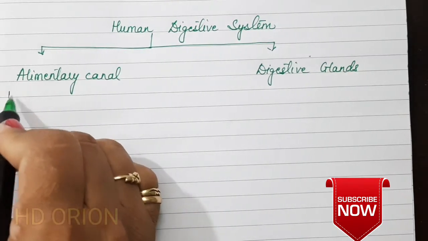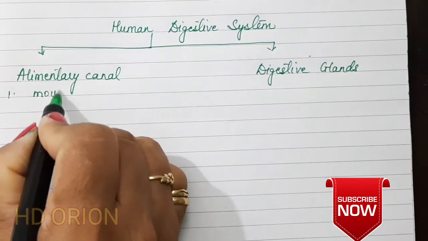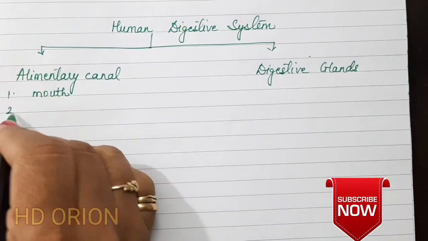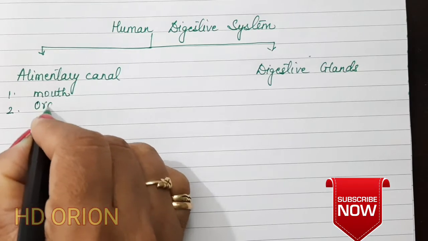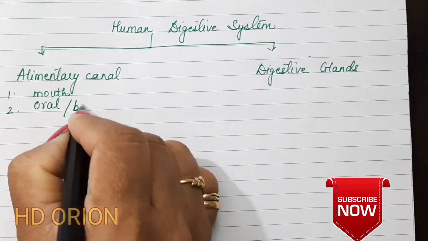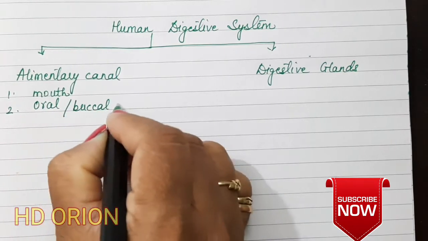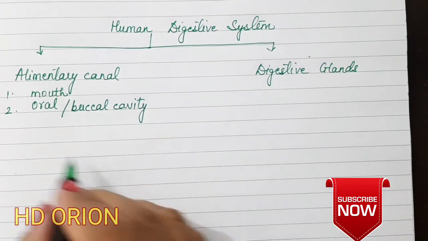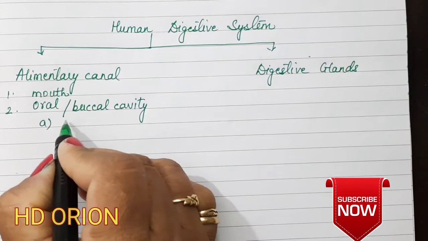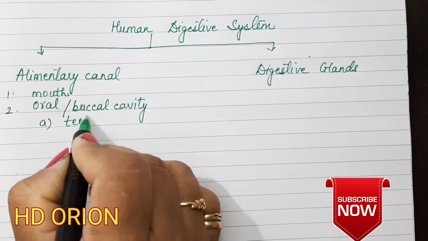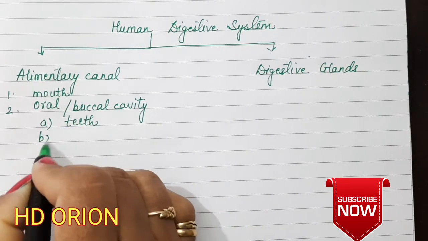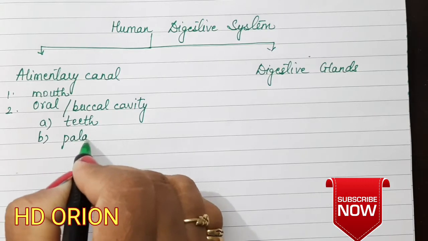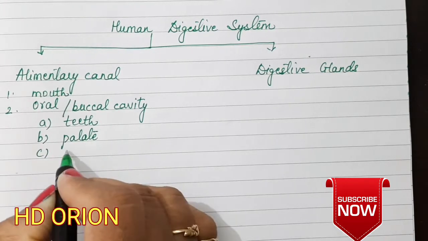As I said, the first part is the mouth. Then comes the oral cavity, which is also known as the buccal cavity. The buccal cavity has 3 parts: the teeth, palate, and the tongue.